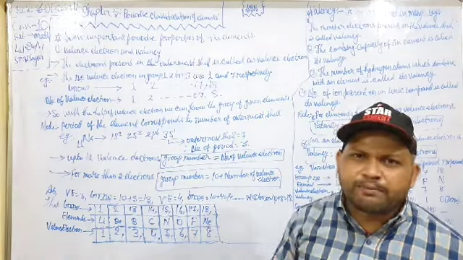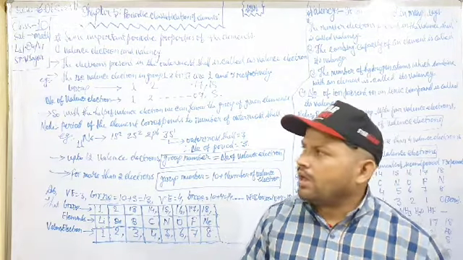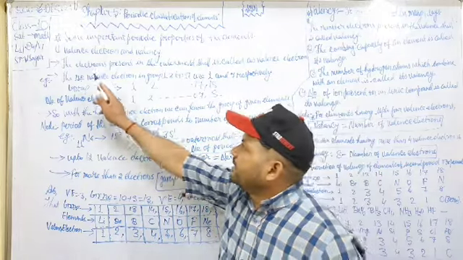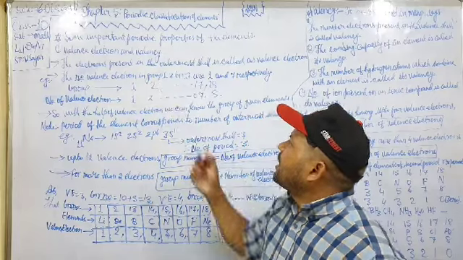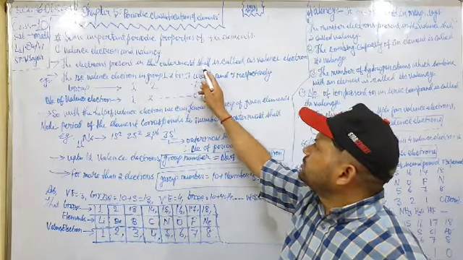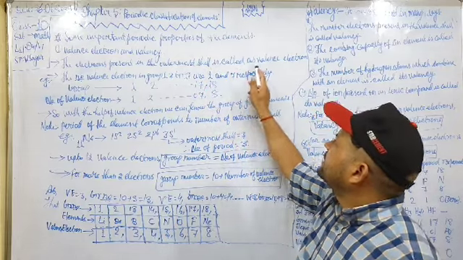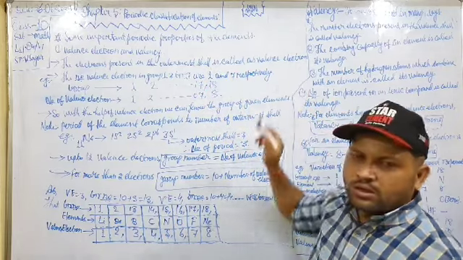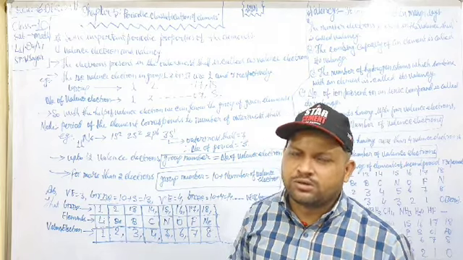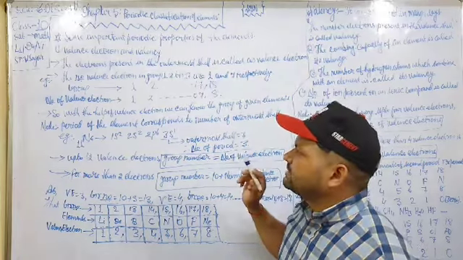So what is a valence electron? It can be defined as the electrons present in the outermost shell of an atom.